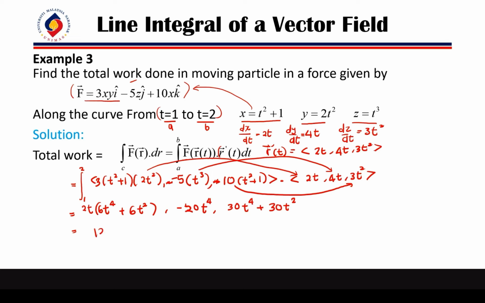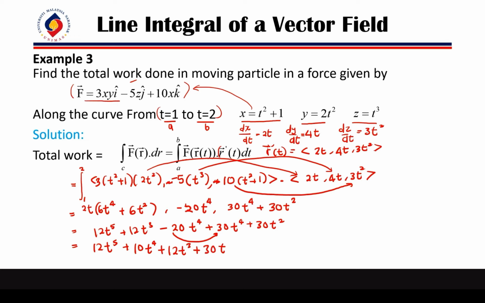Alright, so then what we get here is 12t^5 plus 12t^3, plus minus 20t^4 plus 30t^4 plus 30t squared. Then we gather all of this: 12t^5, and then for t^4 we get plus 10t^4, and then plus 12t^3 and plus 30t squared.